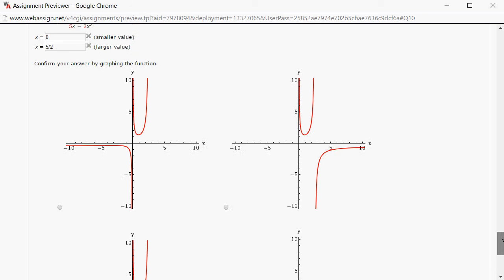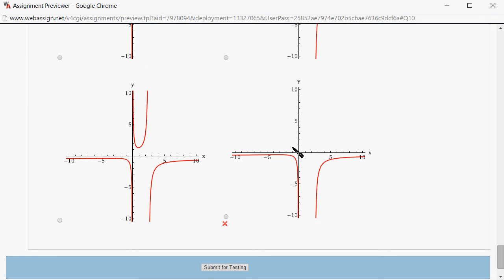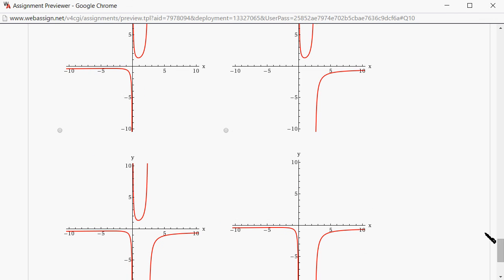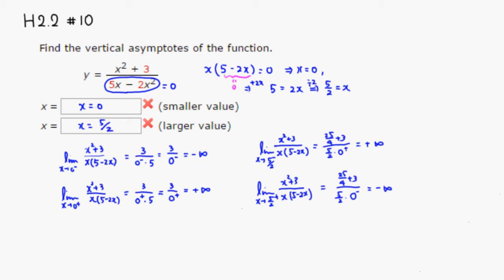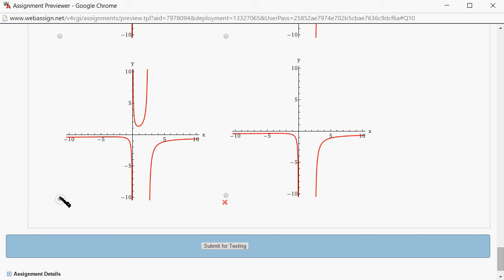The first one and the third one go to positive infinity, and the fourth one has no graph, so it shouldn't be. So it's either the first one or the third one. Looking at the one coming from the right at 5 halves, it goes to negative infinity. The first one doesn't even have a graph, and here, approaching from the right, it goes to negative infinity. So this is the only correct one.